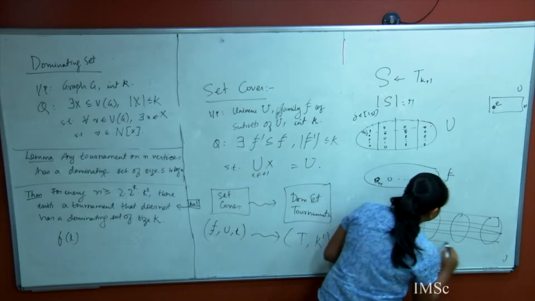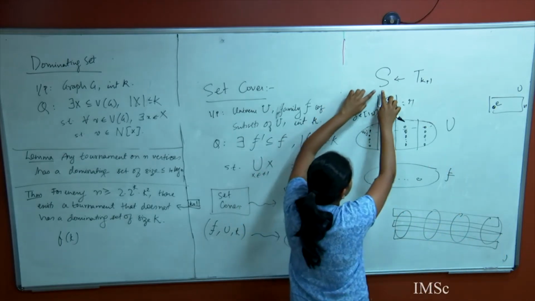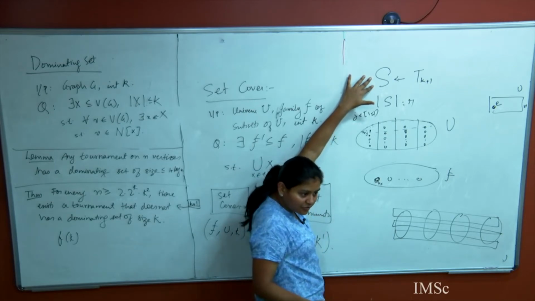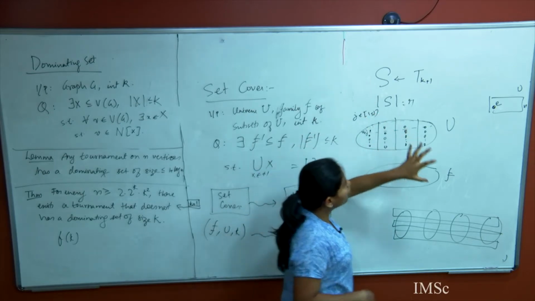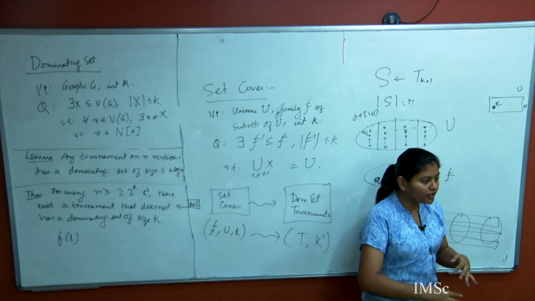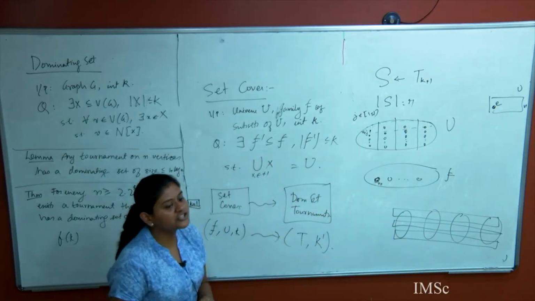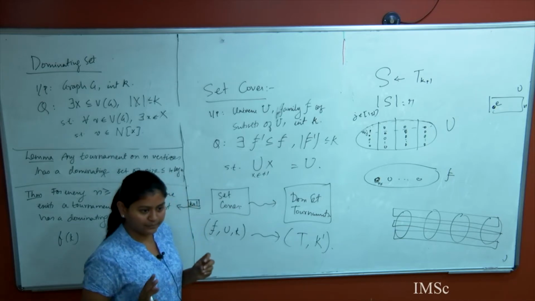So when we look at the partition with respect to the vertices of S from the perspective of S, we will be able to encode this graph S, and we will see why such an encoding can be useful for us. Okay.